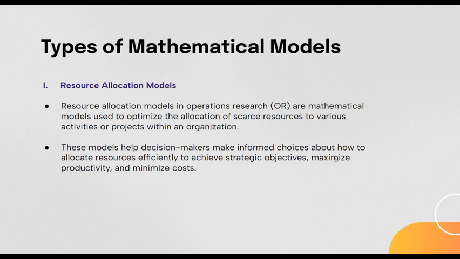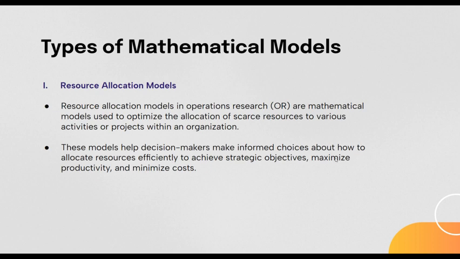Resource allocation models in operation research are mathematical models that are used to optimize the allocation of scarce resources to various activities or projects within an organization. तो रिसोर्स एलोकेशन मॉडल्स हम ज़्यादातर यूज़ करते हैं in our daily corporate businesses, जहाँ पे we might have a project और उनको किसी टीम की ज़रूरत हो तो हमें, और हमारी रिसोर्सेज पहले से ही कम हो तो हमें अपनी रिसोर्सेज इस तरह एलोकेट करनी होंगी that सबकी डिमांड्स फुलफिल हो जाए, हमारा प्रोजेक्ट टाइम पे कंप्लीट हो जाए. तो these mathematical models can be applied there in these situations.